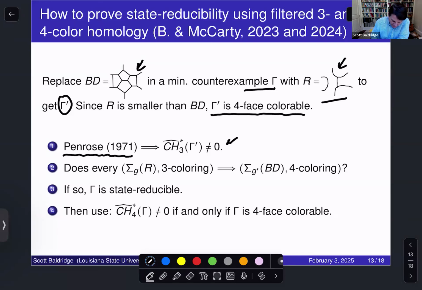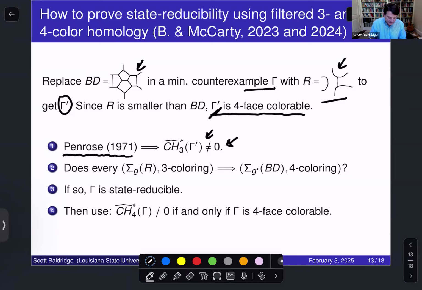He shows that, well, he doesn't know about our homology, but the Euler characteristic of our homology is equal to the Penrose number at 3. And he shows that that's not 0. So that means that in gamma prime, in our reducer, we have surfaces with high genus, maybe unorientable, but there's some genus G surface or some unorientable surface that can be 3-face colored.